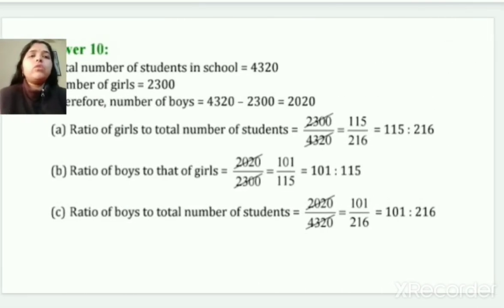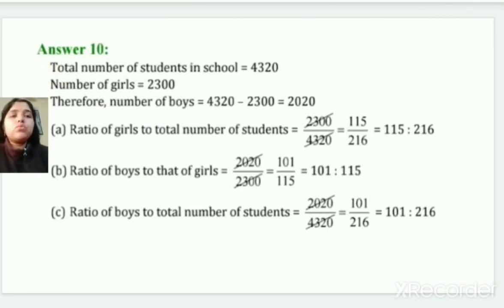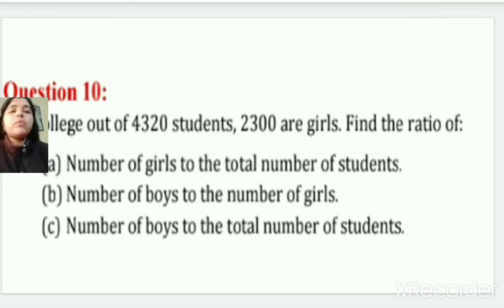The number of boys we get by subtracting both the numbers, which gives 20. So the ratio of girls to total students will be 2300 upon 4320. We will cross it out with the help of the table of 2. It is very easy. So we will get 115:216.